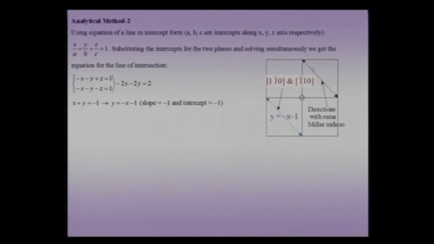So this is my x direction, this is my y direction, and the intercept is minus 1. I have plotted the equation of my line y equal to minus x minus 1, and since I am talking about directions which are a parallel set, I could even translate this and put it here and determine the Miller indices, or determine here, it would not matter.